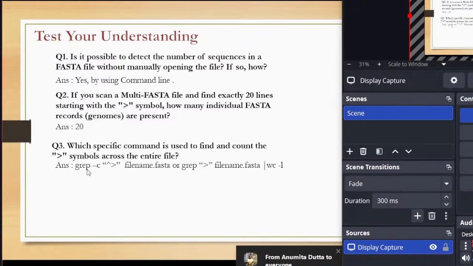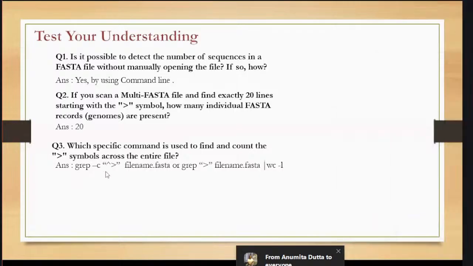Here -c is for count. That's why you are using grep -c, and then you are using a caret sign at the start of the greater than sign. Though there is no need of the caret here, because in the FASTA file, except the header, there is no greater than sign at any line. So without even using the caret, you can work with this.